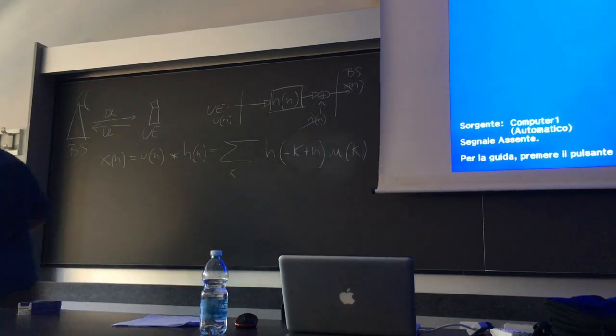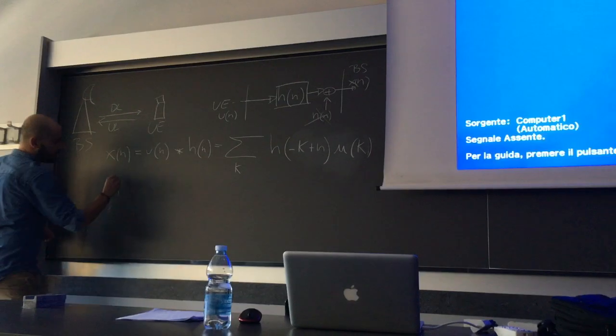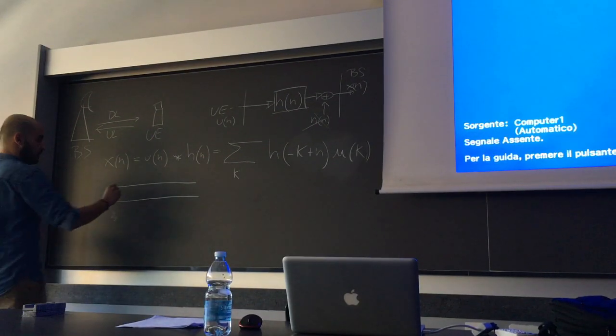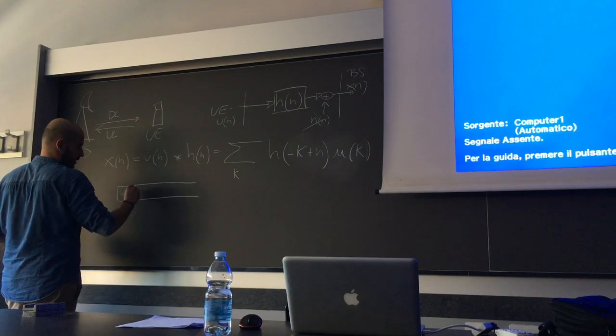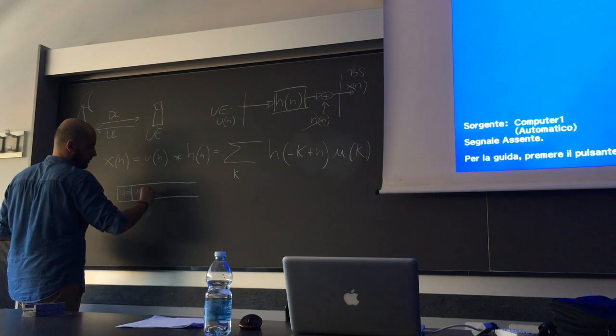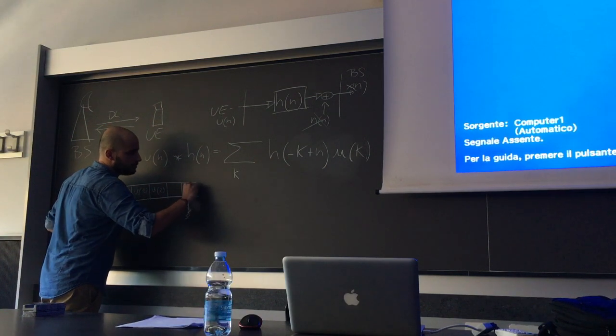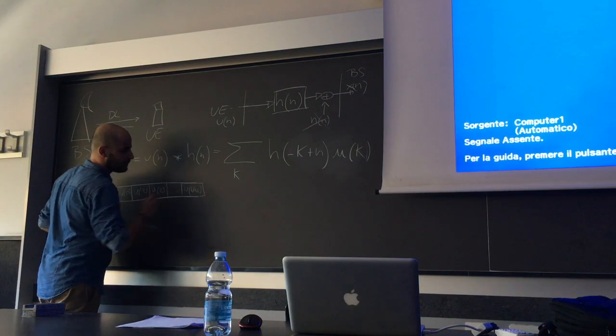So convolution is this operation where you have your vector U: U0, U1, U2, up to, let's say, UN, which is the length of this vector.